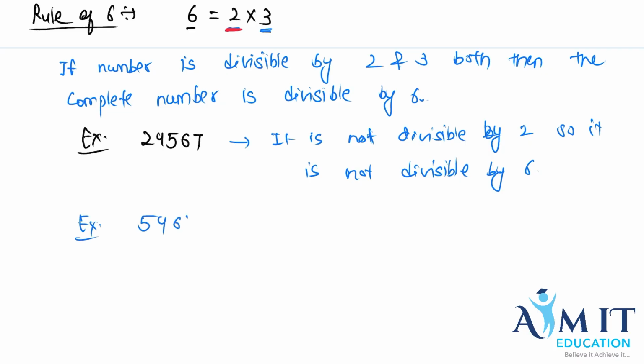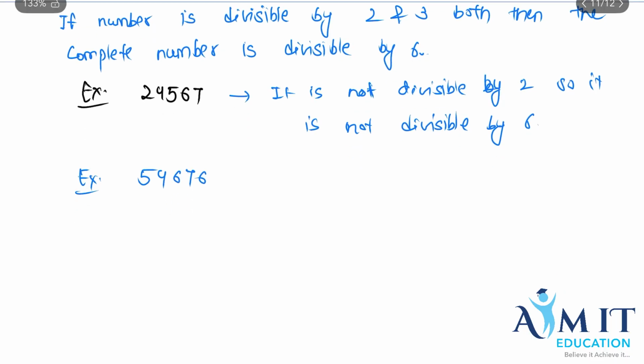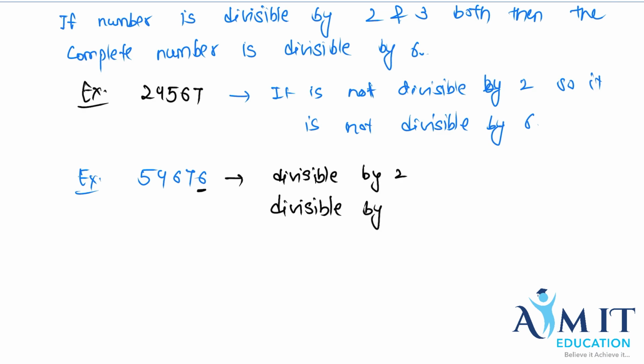Like another example, 54676. Now the ones place is 6, so it is divisible by 2. Yes, it is divisible by 2, but we have to check for 3 also. Is this divisible by 3 or not? For the rule of 3, the sum of all the digits should be divisible by 3.